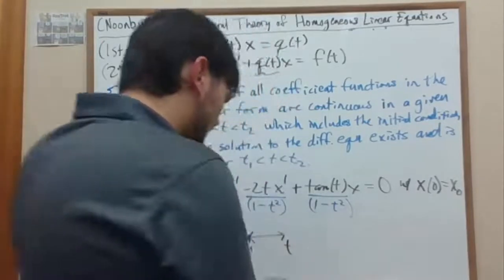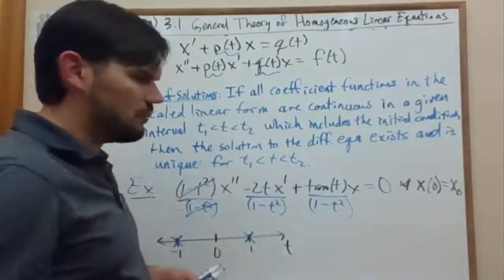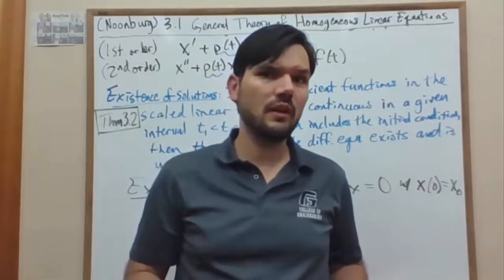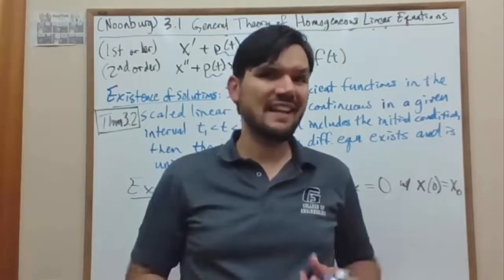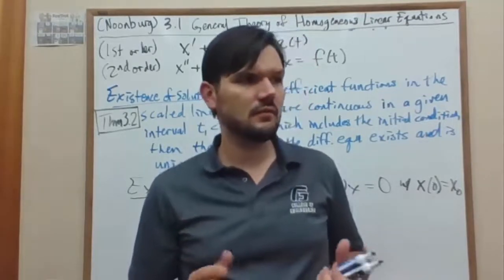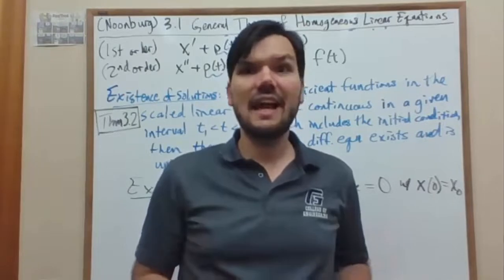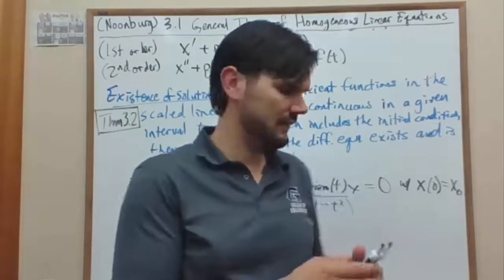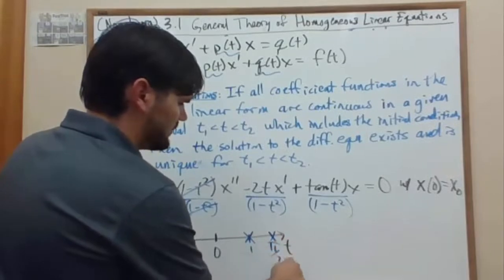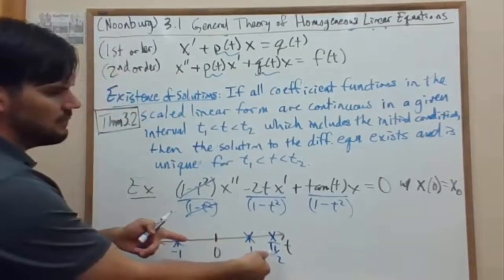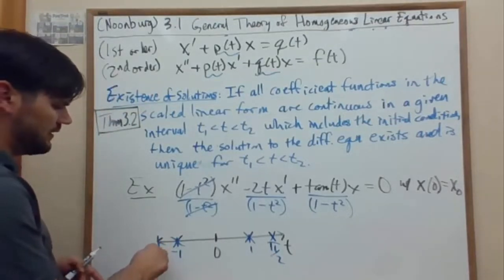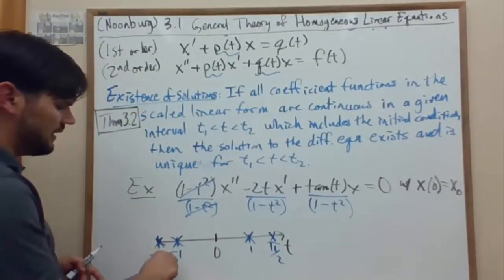So let's see. Are they within that interval? Well, pi over 2, that's 3.14 roughly divided by 2. That's about 1.56. It's certainly bigger than 1, right? Somewhere over here, we got pi over 2. And the next one, pi below that, is another one over here at negative pi over 2.